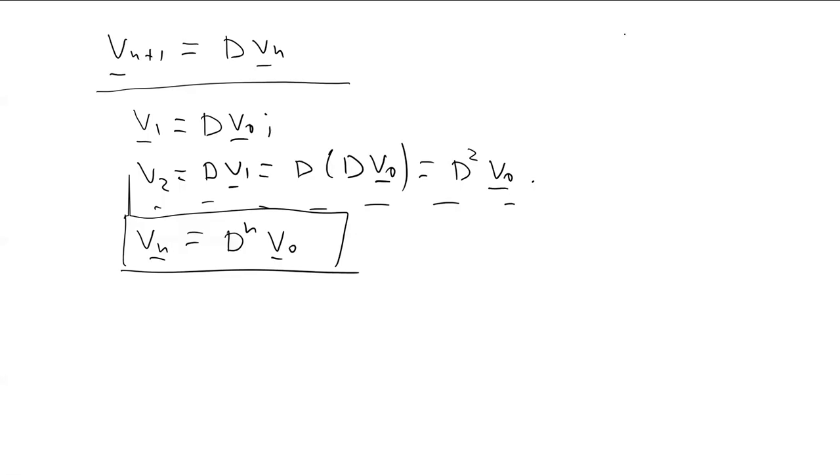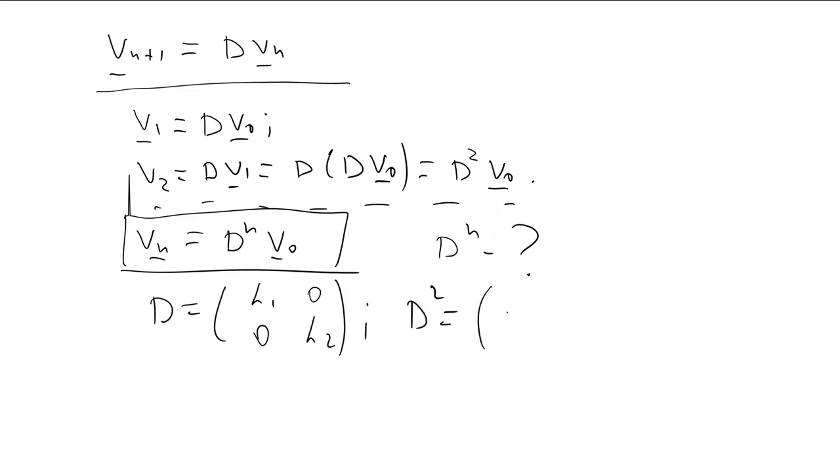So the next point is, what is D to the power of n? D, we know, is a diagonal matrix with diagonal entries equal to the eigenvalues of matrix A: lambda 1, 0, 0, lambda 2. D squared would be lambda 1, 0, 0, lambda 2 times itself.